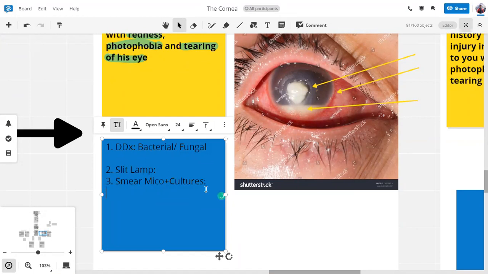In order to know this, you must know which are the important organisms which cause a bacterial hypopyon ulcer. So revise the names of the organisms we discussed in bacterial conjunctivitis, and some of them cause hypopyon ulcers.